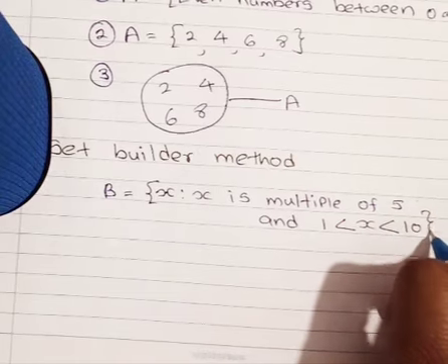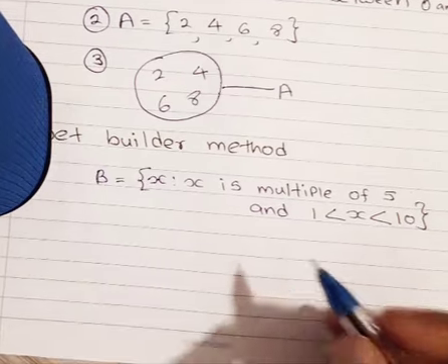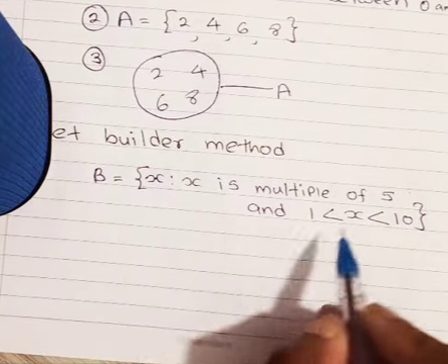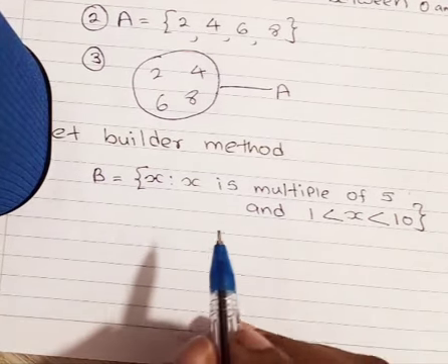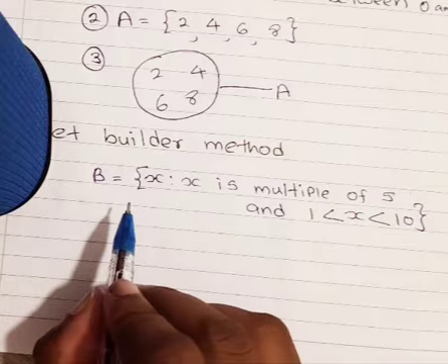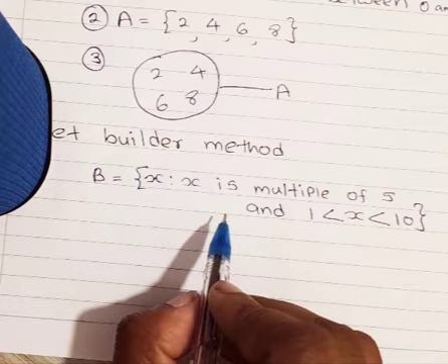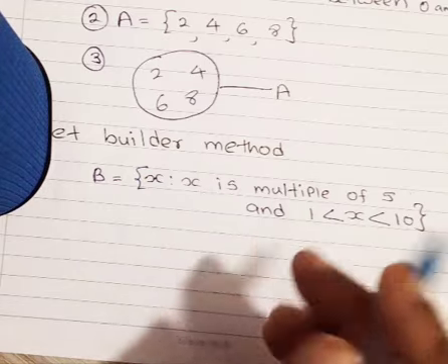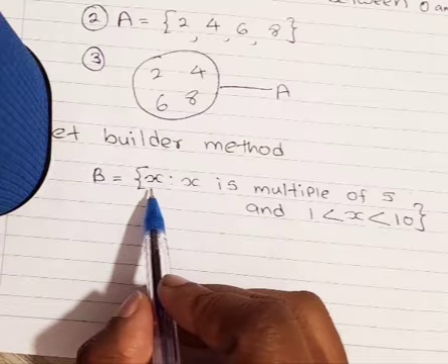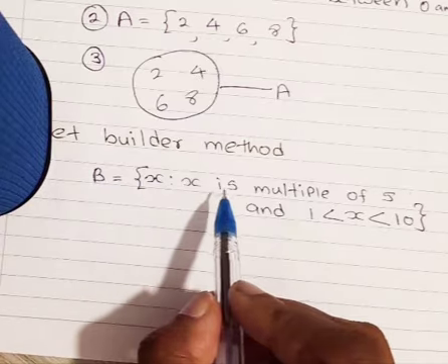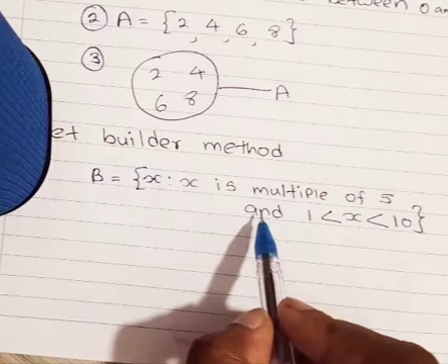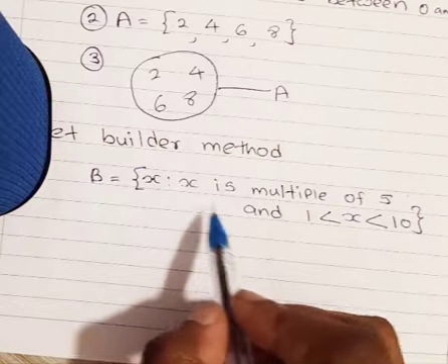You can write the set like this. This is called the set builder method. By using an algebraic term you can express it like this, and you need to explain what this x is.